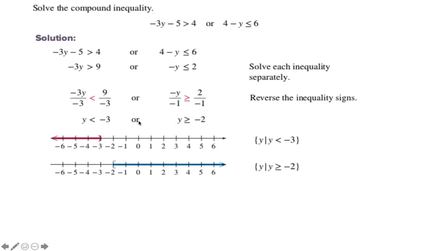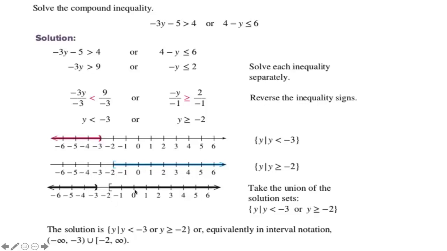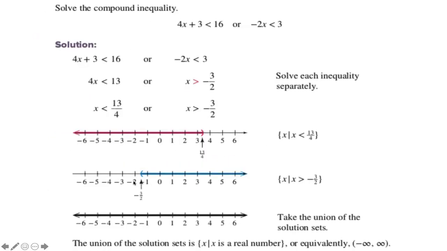If I union the sets, I get both of them. So the interval notation is from negative infinity to negative 3, not including, union from negative 2 including to infinity. Notice I use the union to denote this interval notation.